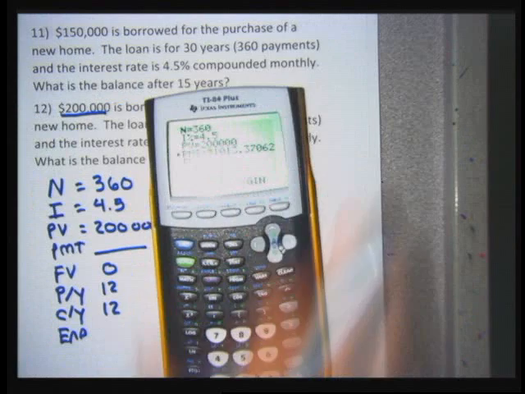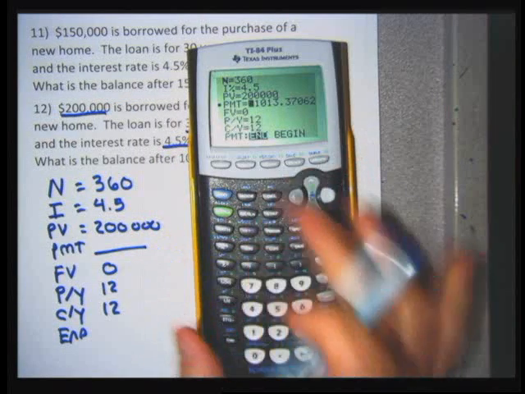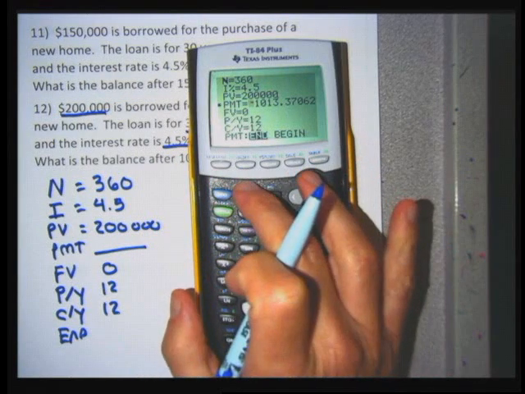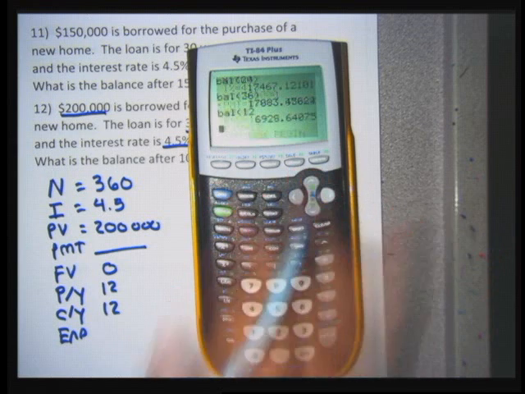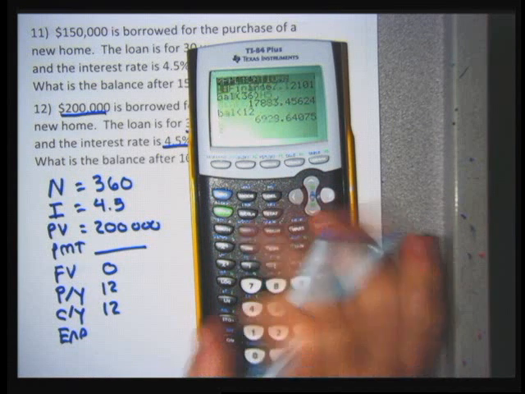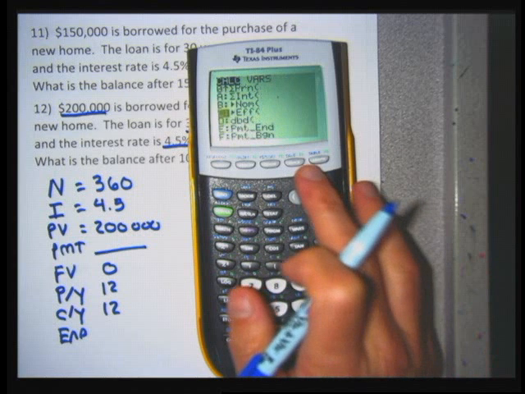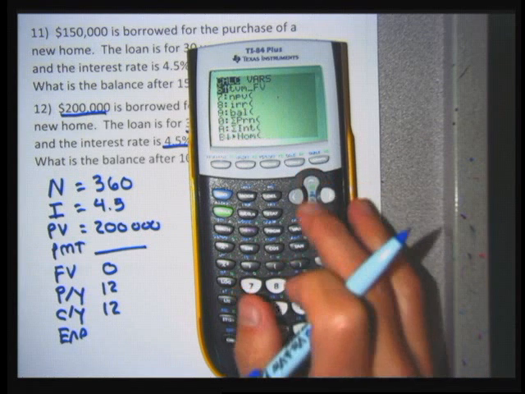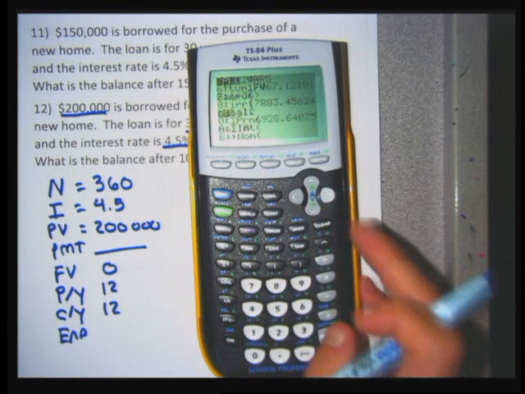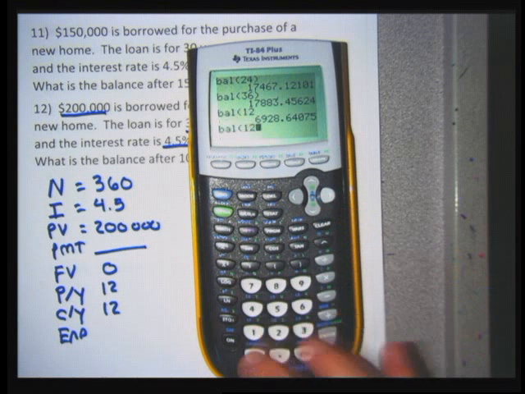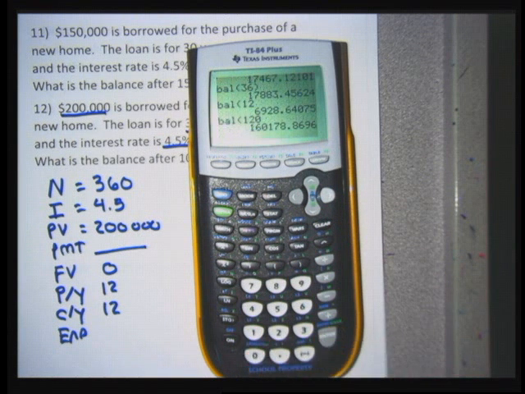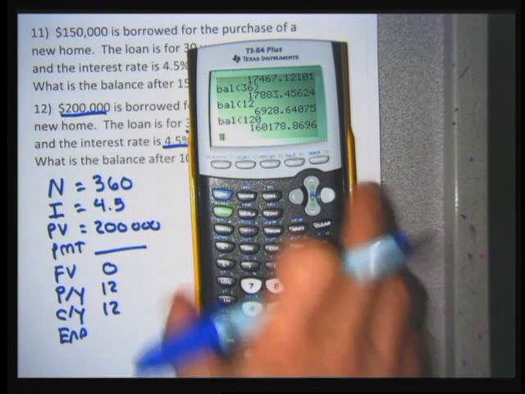So now to do the balance, I hit second in mode. So second in mode, and then apps, finance, find balance, and then type 120. And it's $160,178.87.